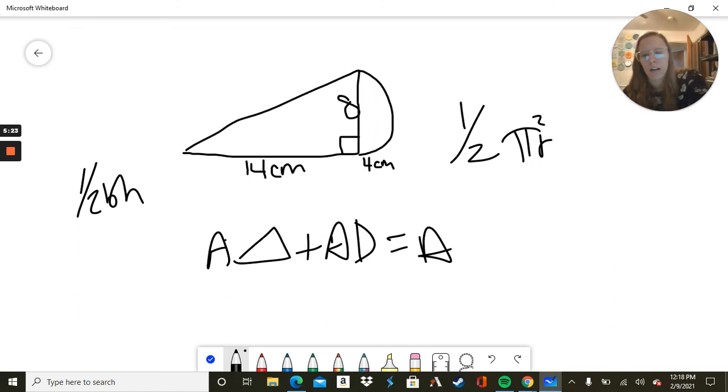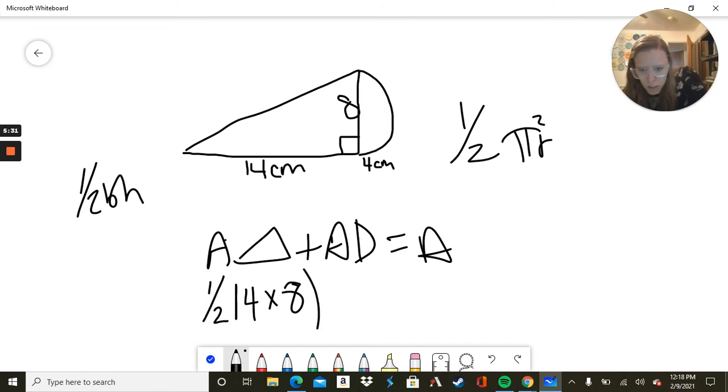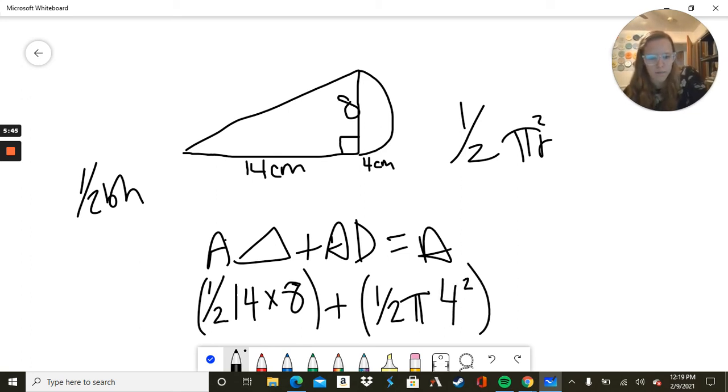So our triangle is going to be half 14 times 8 plus half pi times our radius, which is going to be 4, because that's half the diameter, squared.